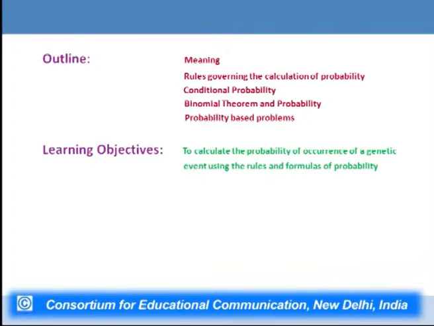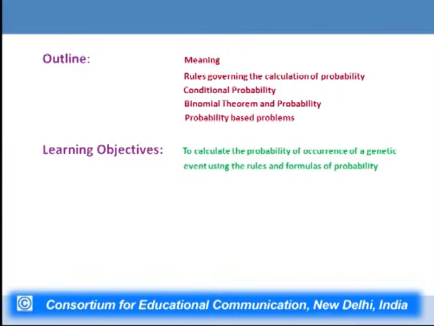So today's lecture will be dealing with probability and how it can be used in explaining genetic events. The outline for today's lecture: I'll be talking about the meaning of probability, what are the different rules which govern the calculation of probability for different events, conditional probability and binomial theorem and its use in calculating probability of the genetic event.